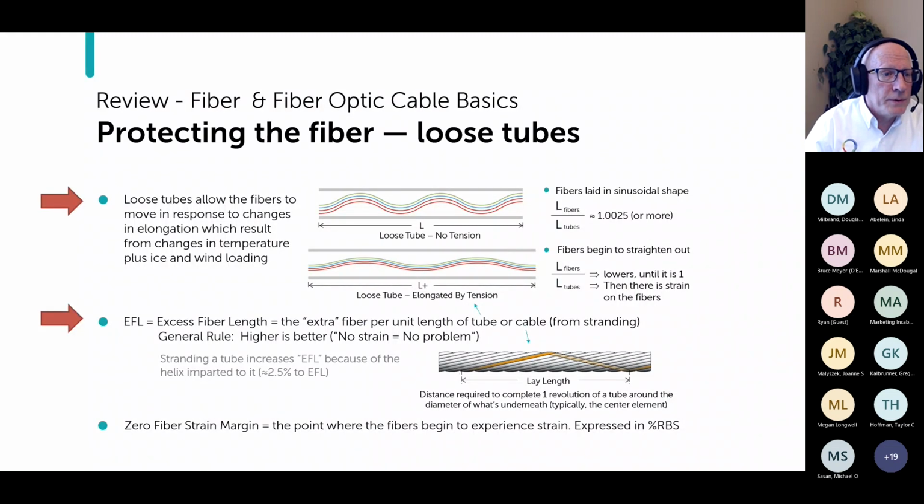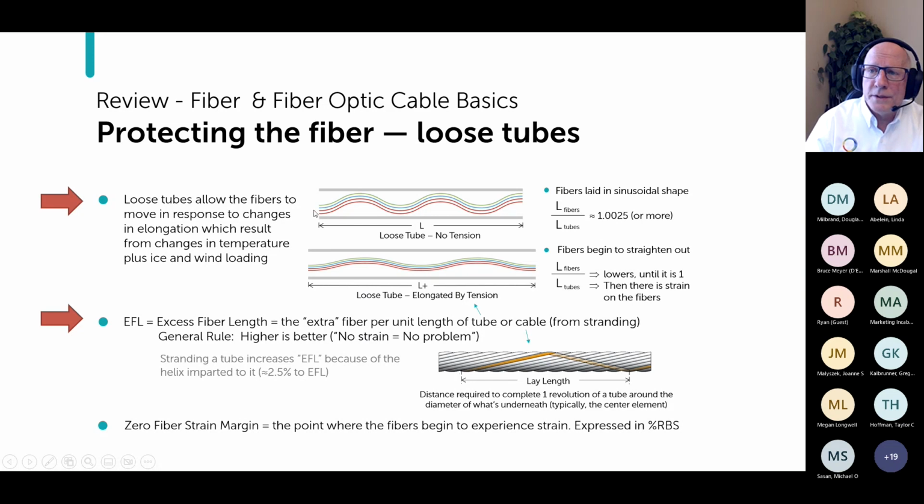OPGW is a metal cable, so it's going to change quite a lot in response to temperature changes alone, just from thermal expansion and contraction. Throw in addition to that ice and wind loading, and you're going to get even more elongation. The dielectric cables, plastic materials don't change as much in response to changes in temperature, but then it turns out they change even more in response to ice and wind loading.